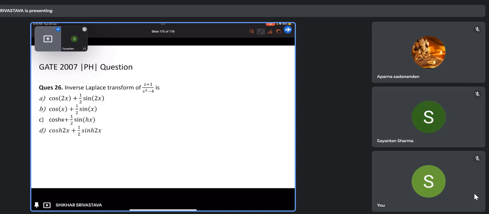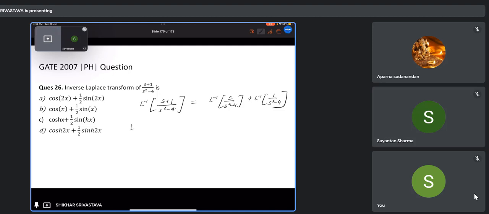Okay, now suppose in this question they have asked you the Laplace inverse of (s plus 1) upon (s square minus 4). So you can just write this as Laplace inverse of s upon (s square minus 4) plus Laplace inverse of 1 upon (s square minus 4). You can easily write this, right?